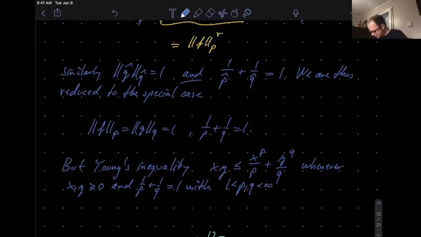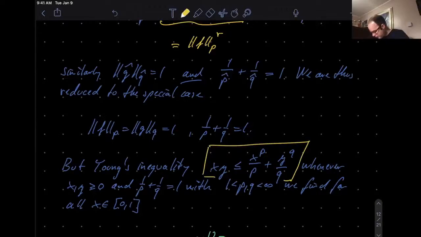We find this for all x in 0, 1. So what you're going to do is you're going to use this general inequality here, and you're going to replace x by the complex modulus of f of x and y by the complex modulus of g of x. These are non-negative real numbers, and then you continue and get your result.